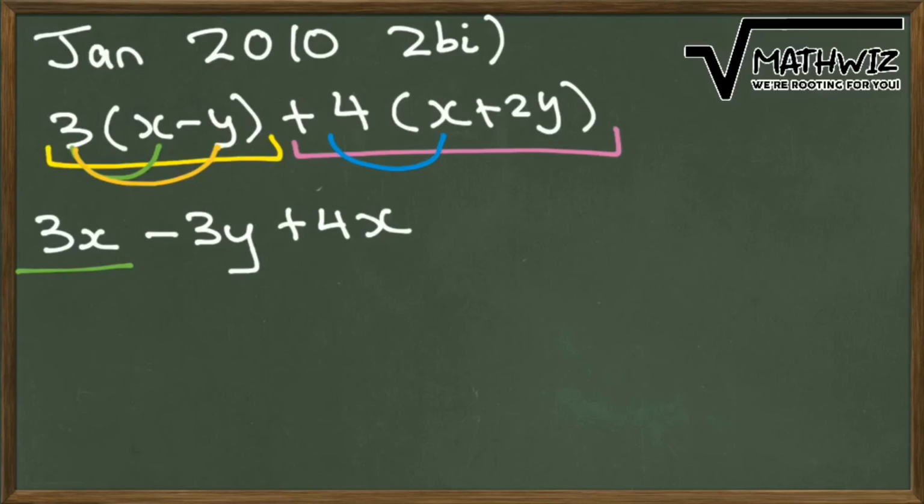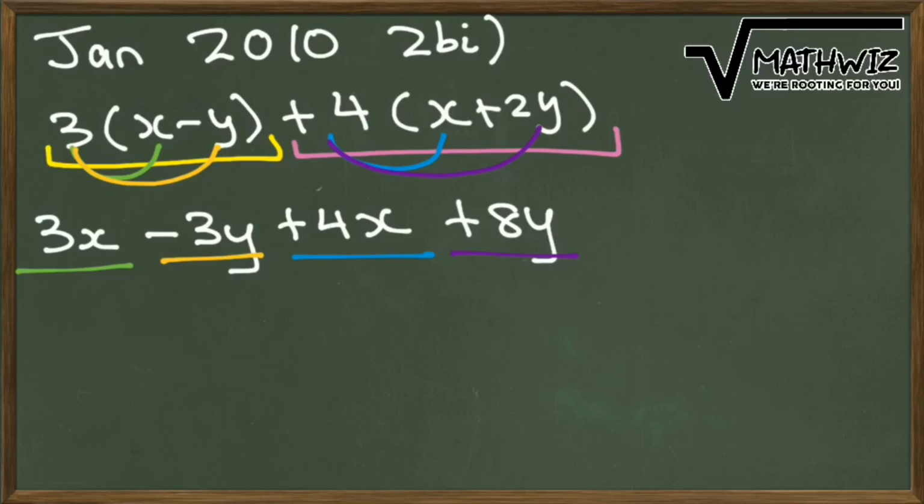Let me just put these colors in. Awesome. Right, and then we have positive 4 times positive 2y, which is going to give us positive 8y.